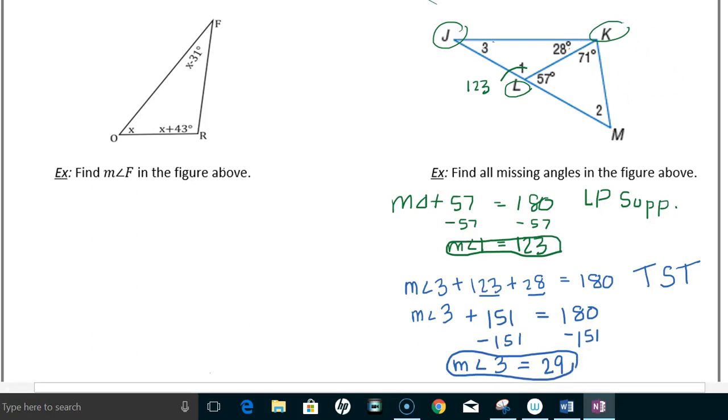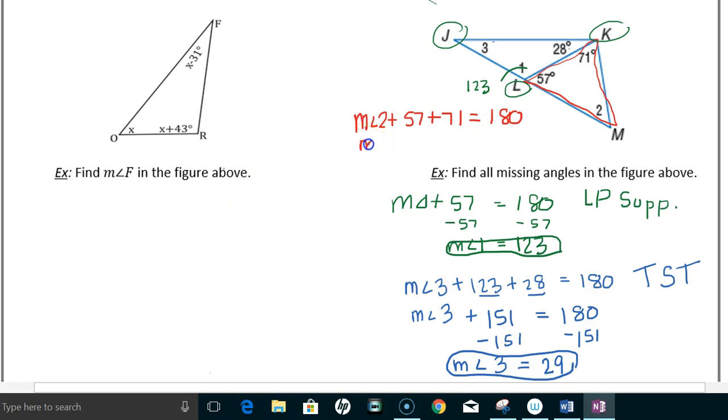So the only other angle I need to find is the measure of angle 2. Looks like I could do that pretty easily with the Triangle Sum Theorem because these three angles make up a triangle. So I know that the measure of angle 2 plus the 57 degree angle plus the 71 degree angle add to 180 degrees.